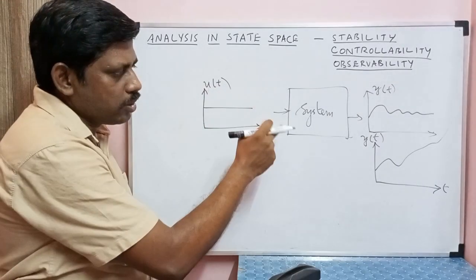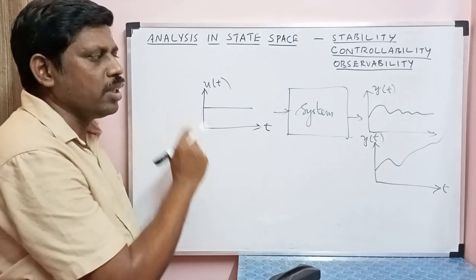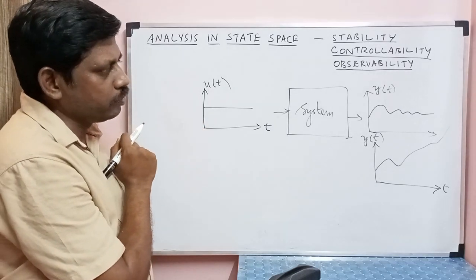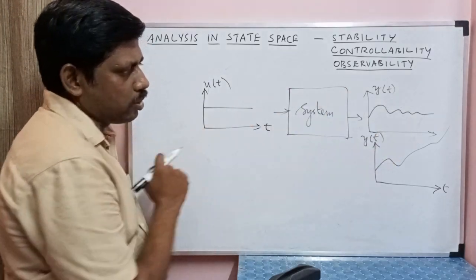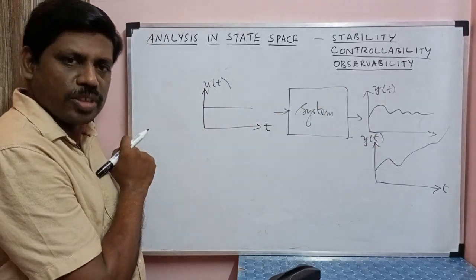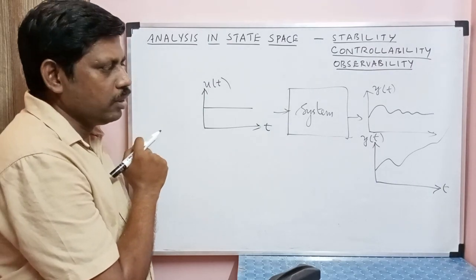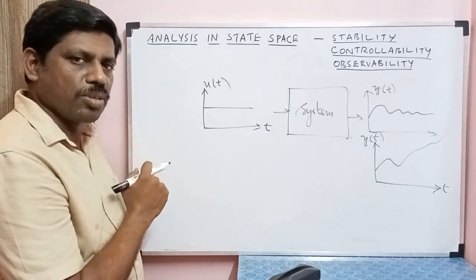Therefore this system is not BIBO stable, or simply the system is not stable. So what we have understood is that by plotting these responses, I can understand whether the system is stable or not. But getting these responses is not straightforward.